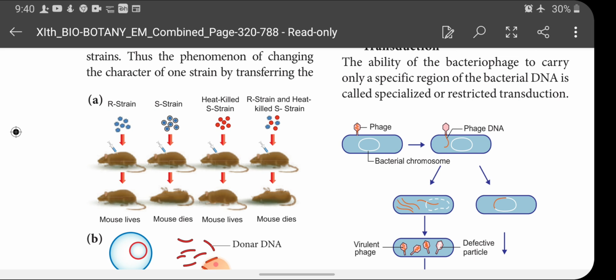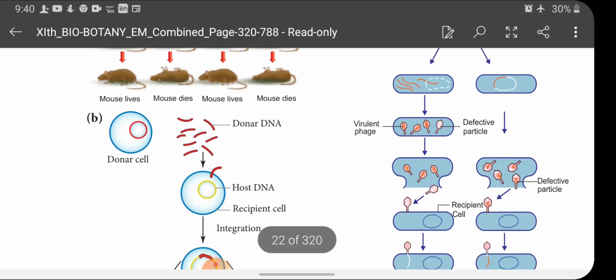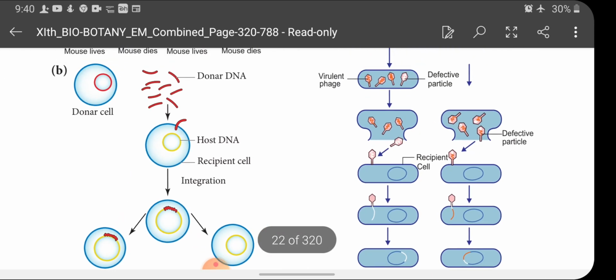But when we inject the mixture of R strain and heat killed S strain into the mouse body, what happened? The mouse started to die. Why? Because the R strain changed into a virulent form and became toxic and caused death. This is what? Transformation. Next one is transduction.